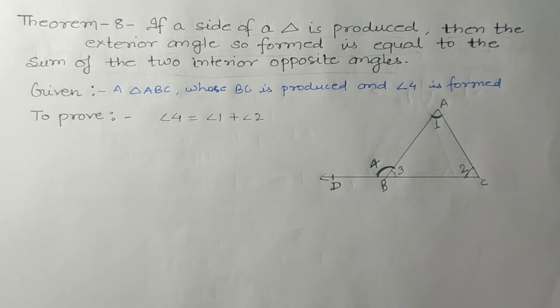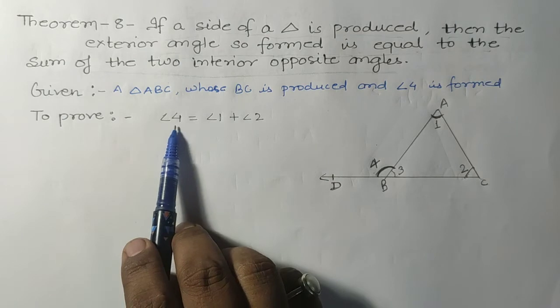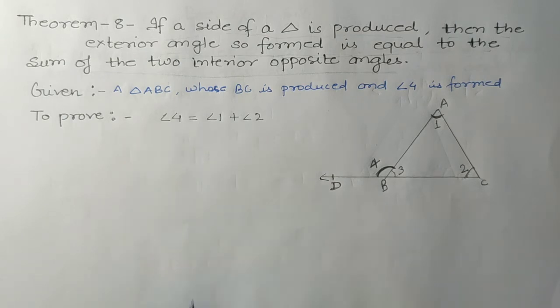Okay, BC side is produced and angle 4 is formed, and we have to prove that angle 4 is equal to angle 1 plus angle 2.